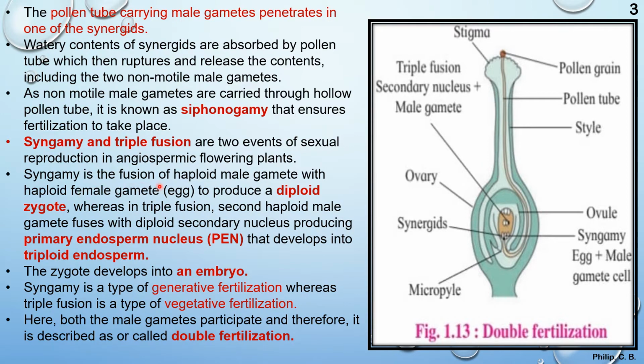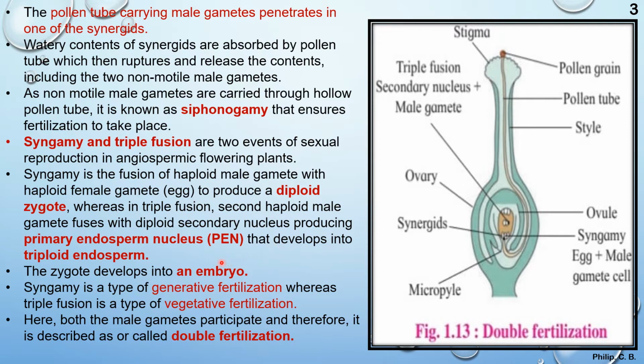Further, syngamy is a fusion of haploid male gamete with haploid female gamete to produce a diploid zygote. Whereas in triple fusion, the second haploid male gamete fuses with a diploid secondary nucleus, producing the primary endosperm nucleus, that is PEN, that develops into the triploid endosperm.